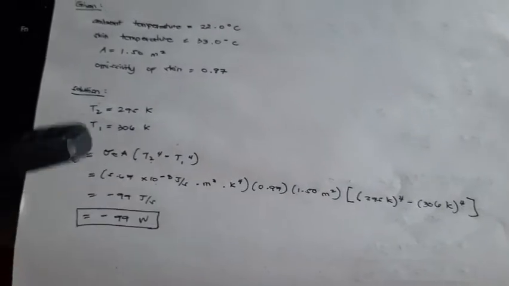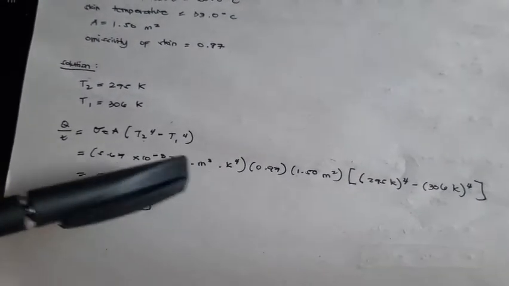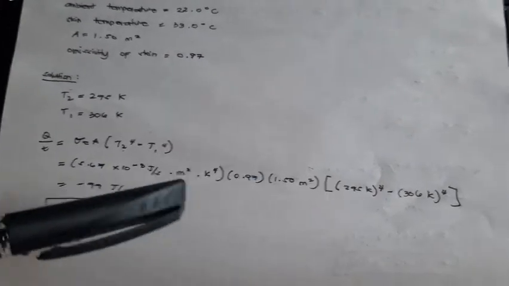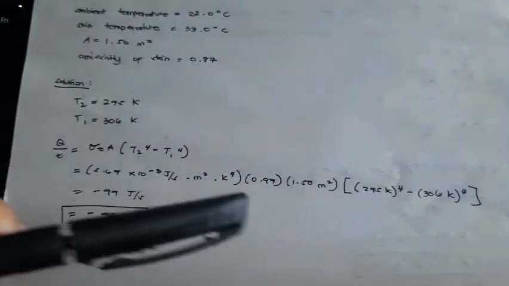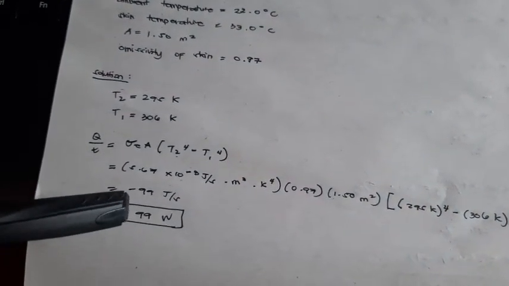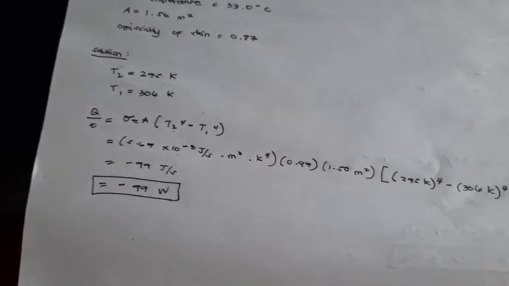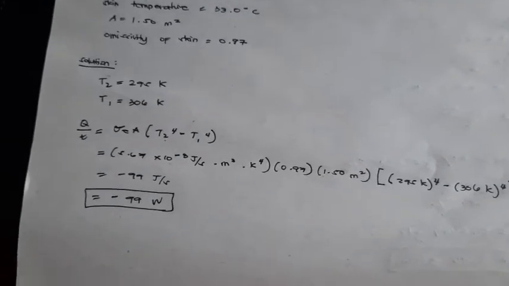We simplify this by multiplying, and we get negative 99 joules per second. Converting into watts, this equals negative 99 watts.